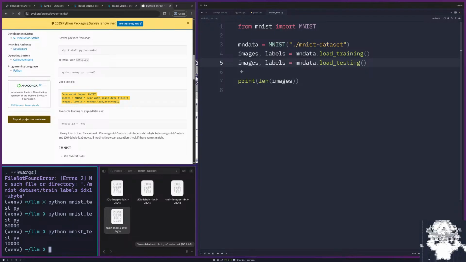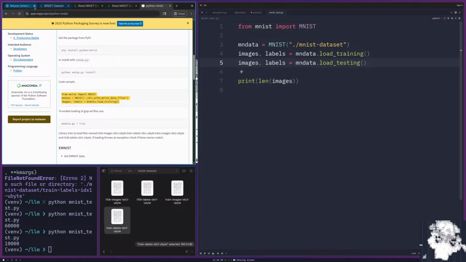Okay. Okay, it took some wrangling, but we have the data. And yeah, we have the data.